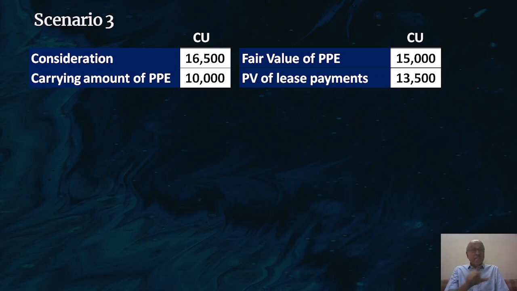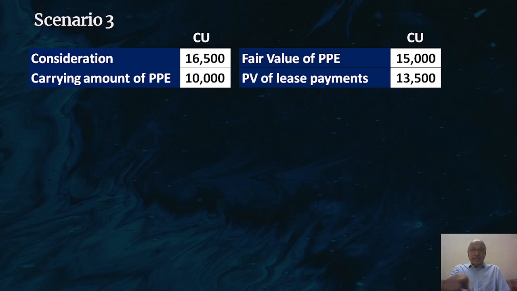So it is a financial liability for the seller lessee because he has accepted more money. He should have received the fair value of 15,000, but he has received 16,500. It's a financial liability for him, and for the buyer lessor it is a financial asset.